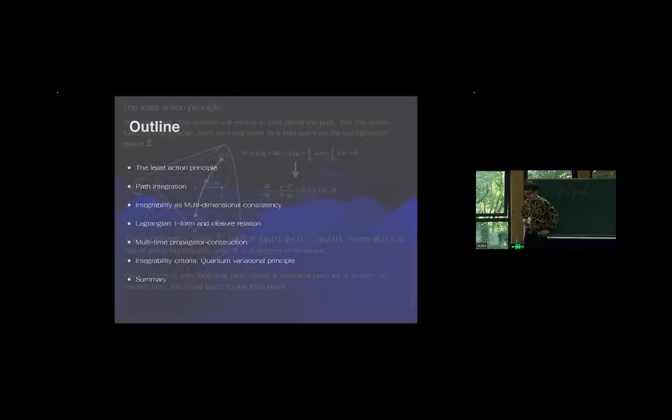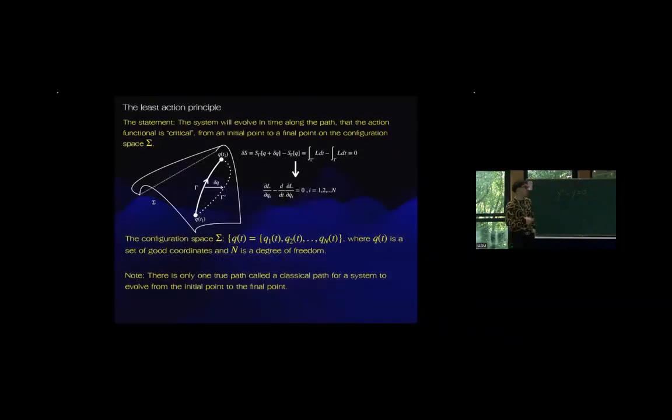From standard mechanics, you know that you have a system, you have what we call a configuration space. Your system will go from the first point to the second point on that space, following a path that we call the classical path.